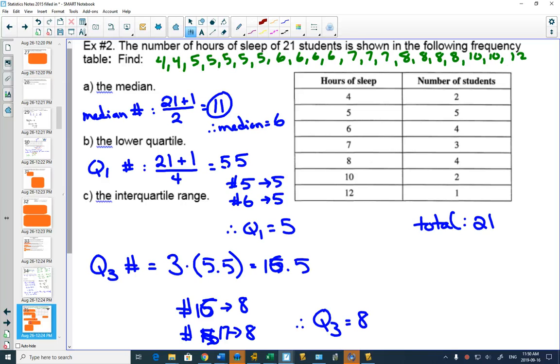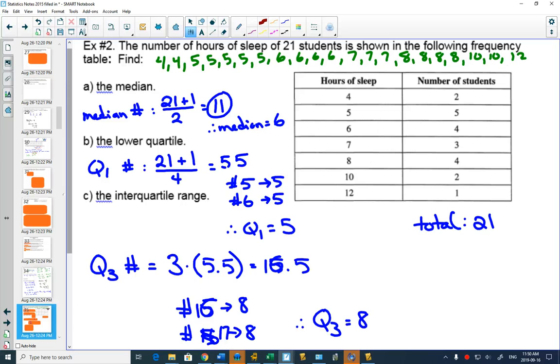But what do we do instead? We know it's 11. Here, I'm up to 7 people. Here, I hit my 11th person when I get to my 6. That's how I can use my frequency table. Because I don't think you want to write out all 21 of them. Or even worse, when it gets to like 220 people. Yeah, just give me a second. I'll write them all out. Okay?